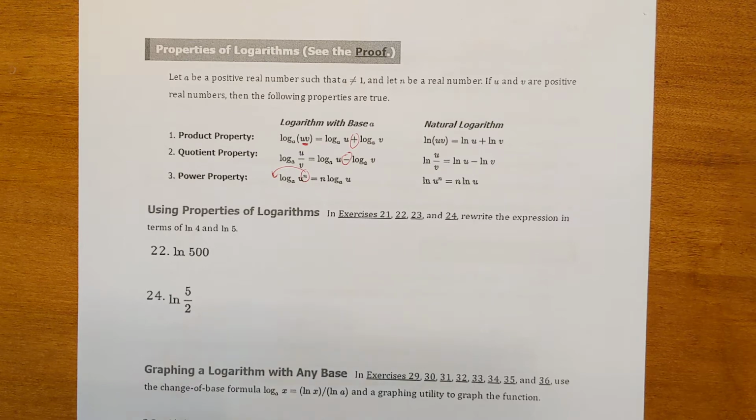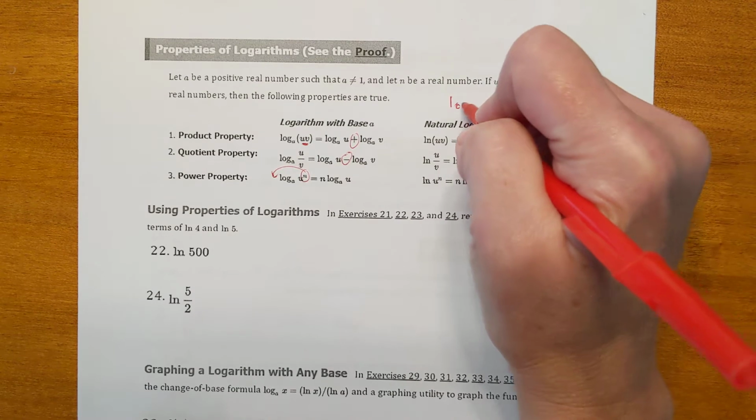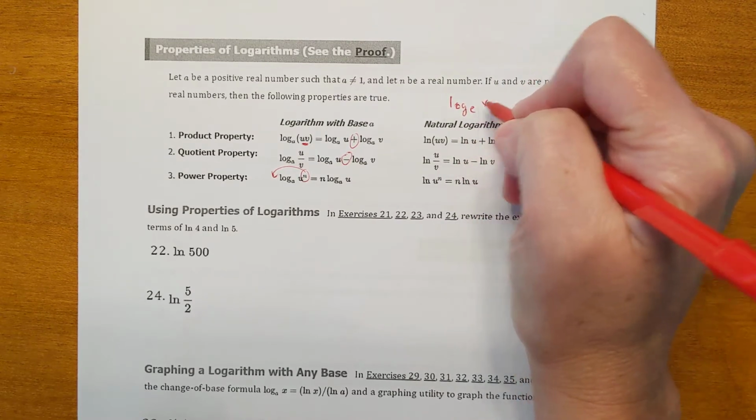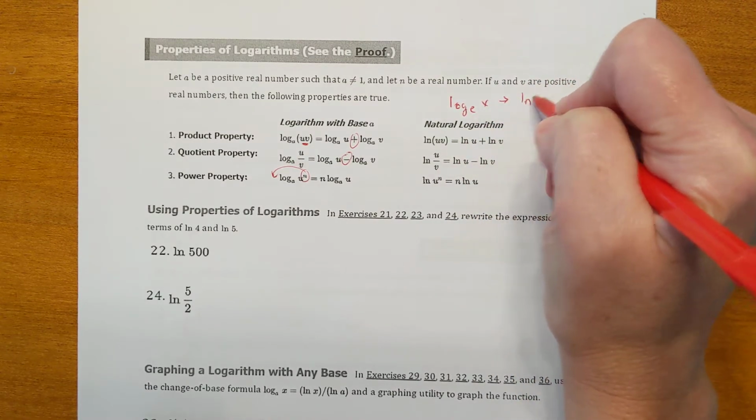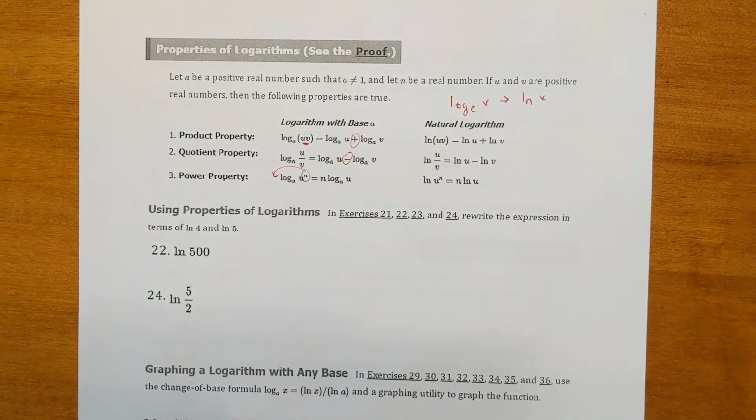Same thing with natural logs. It's all the same rules. We talked about this. The natural log is just the log to the base e. So they just rewrite it to make it fancy and say natural log of x. So all the same rules for logs apply to natural logs. There's no difference between logs and natural logs other than the base is e on it.